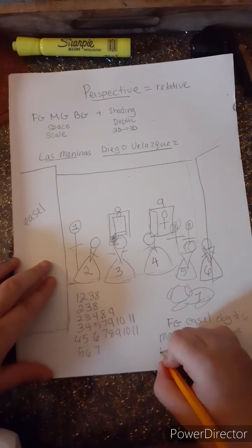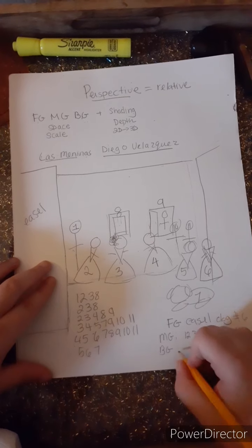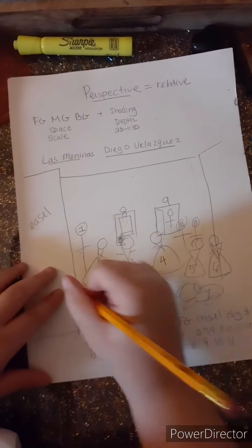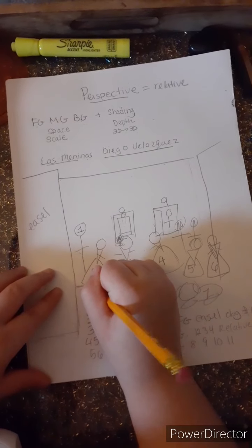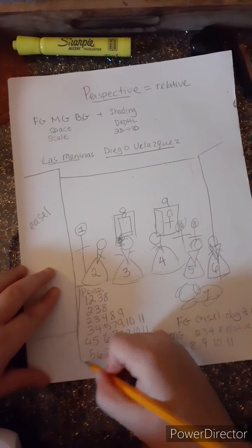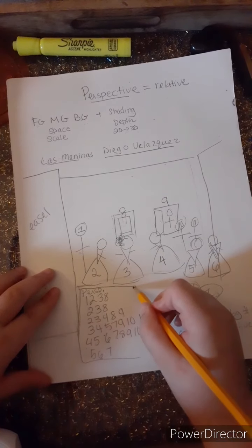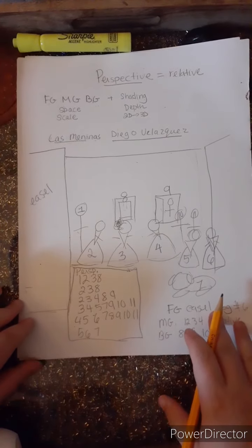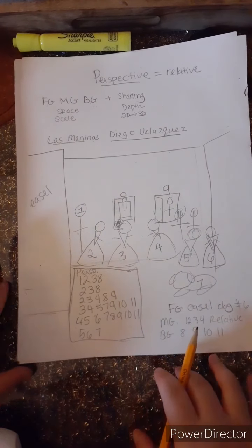And then the background is 8, 9, 10, and 11. So these numbers right here are the different perspectives, and hopefully you can see what I'm talking about.